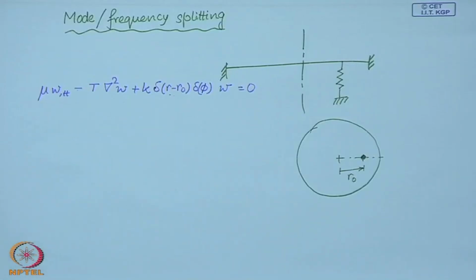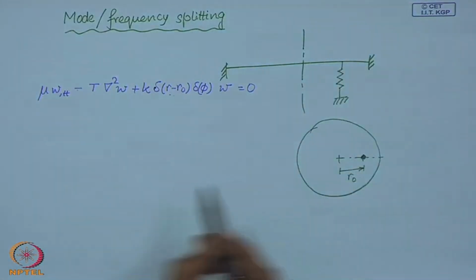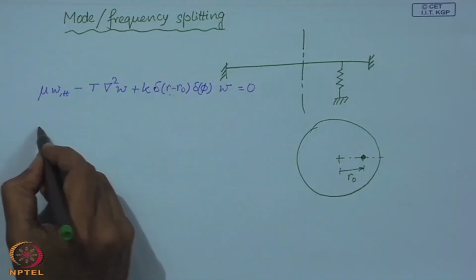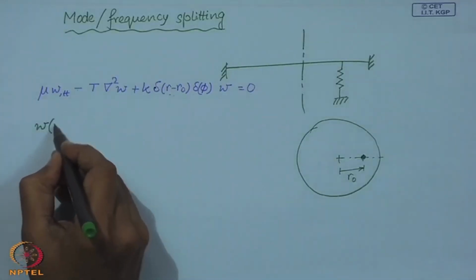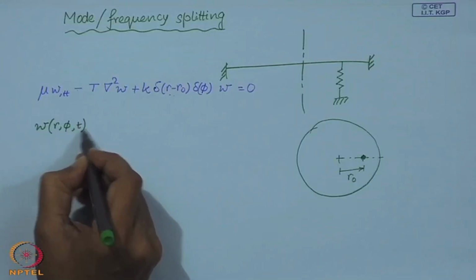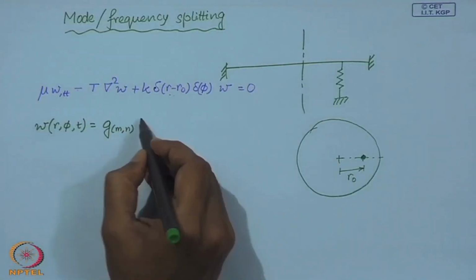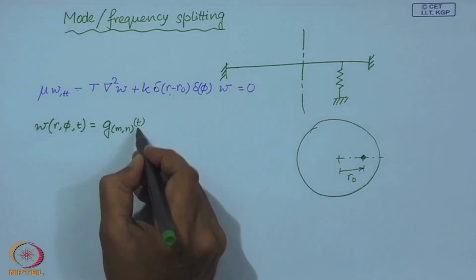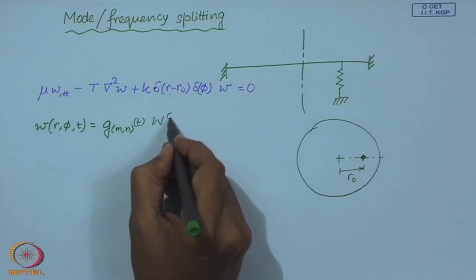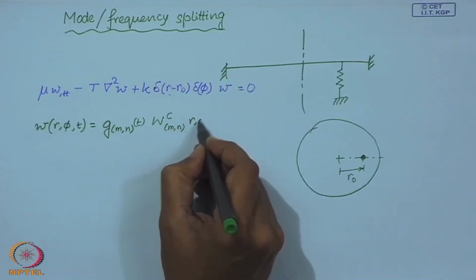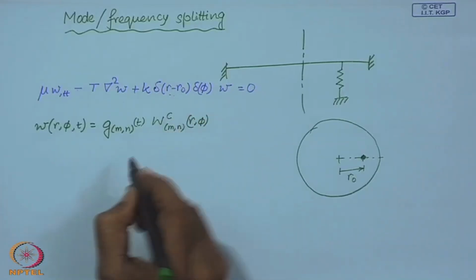Now, to understand what happens in this case, let us just look at a single mode expansion. This is the modal coordinate, and this is the eigenfunction, the cosine one.